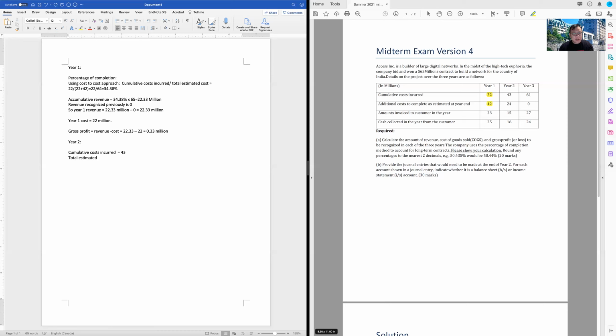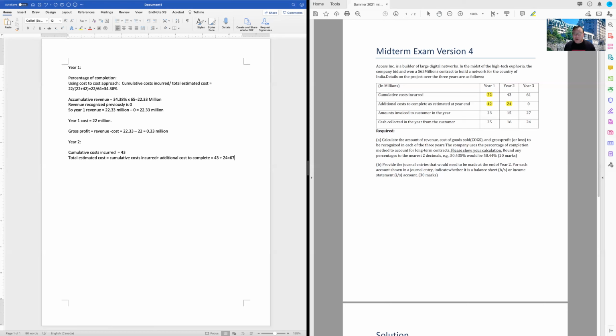Total estimated cost would be cumulative costs incurred plus additional cost to complete. So that will be 43 plus 24, right? Here's 24. So that would be 67.